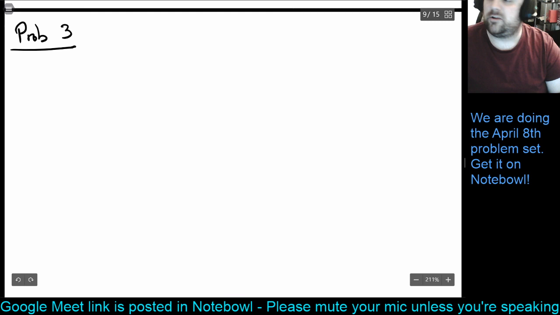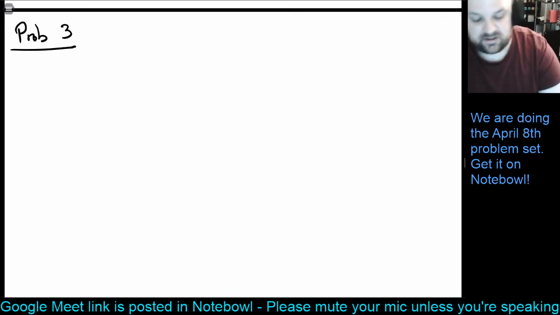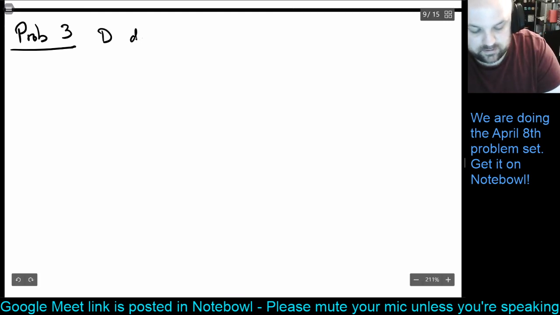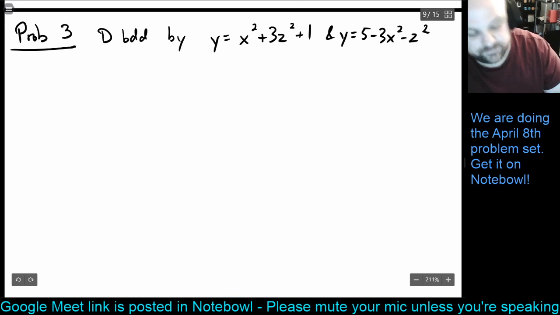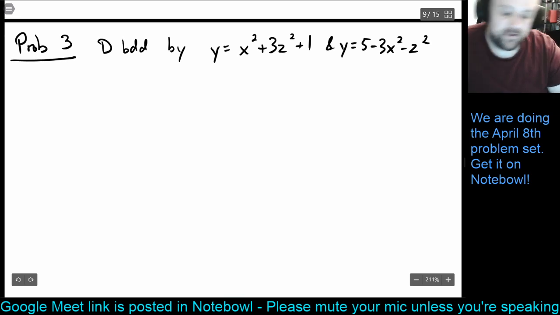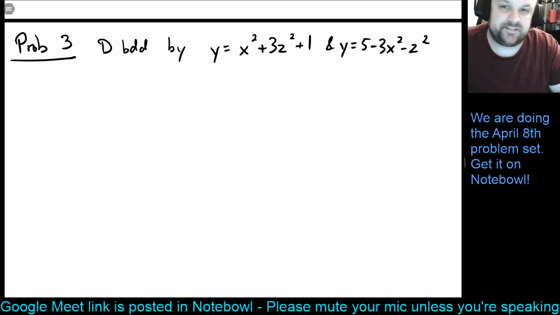So here, we want to find the volume of a solid where D is bounded by the paraboloids y equals x squared plus 3z squared plus 1, and y equals 5 minus 3x squared minus z squared. Right? So we want to look at the region bounded by these two shapes.